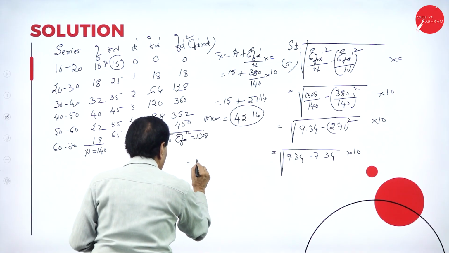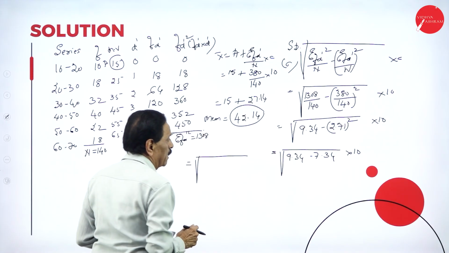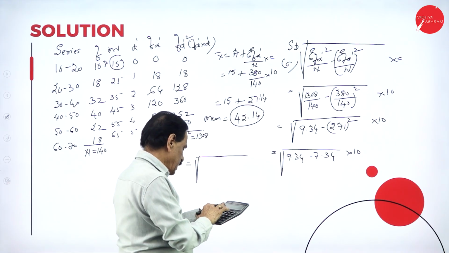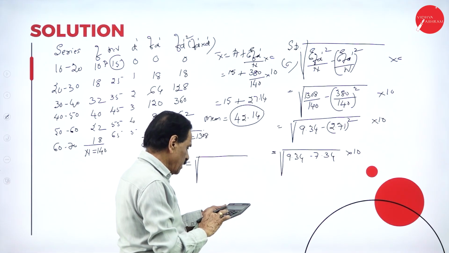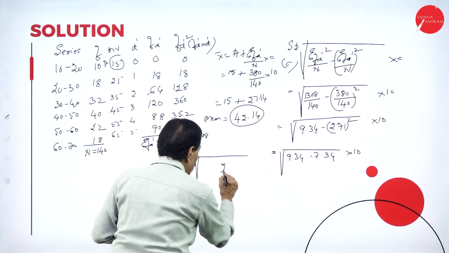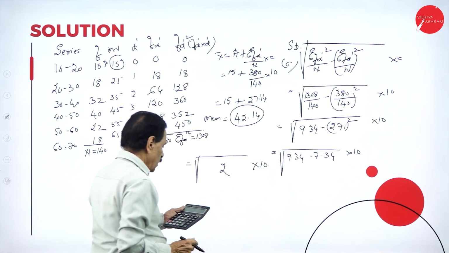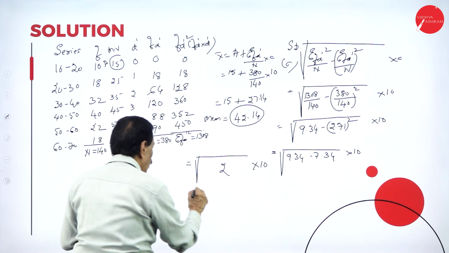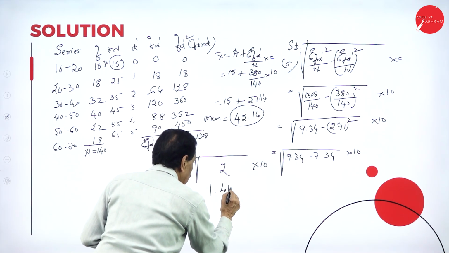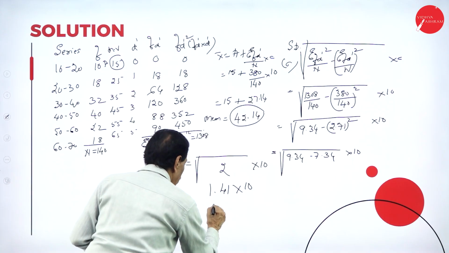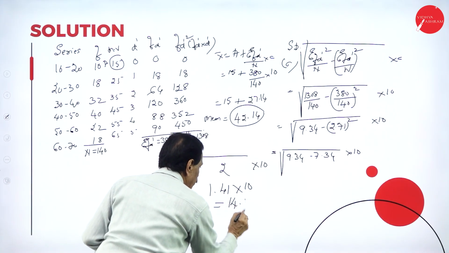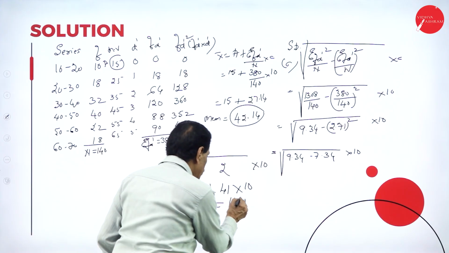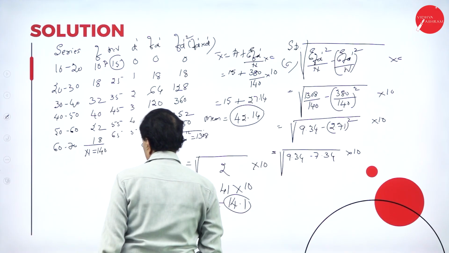Root of 9.34 minus 7.34 is 2, into 10. Root of 2 is 1.41 into 10, which is 14.1. So this becomes the standard deviation.